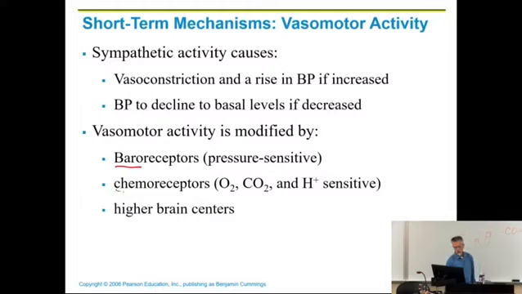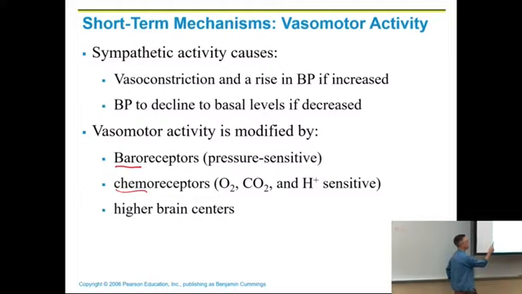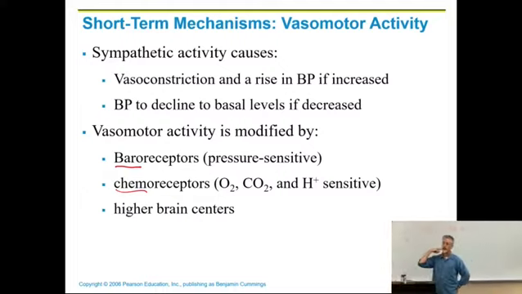And not only do we have those receptors that are telling us what's going on out in the body, but we also have the influence of higher brain centers as well. So even though it's the medulla oblongata that has direct control over our blood vessels, obviously there are aspects of the cerebrum and stuff like that that will trickle down and influence it. So the limbic system, etc., the emotional brain, definitely can have an effect on blood pressure and blood flow, right?